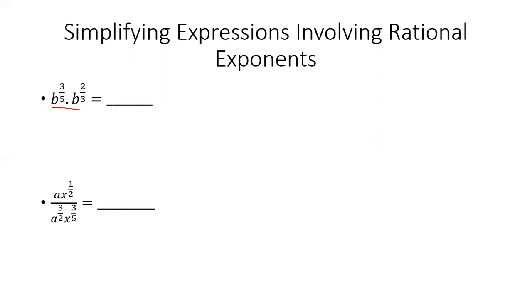So we have here 2 expressions having rational exponents. We are going to multiply, as indicated by this symbol here. So we copy the base. The common base is b. Then we are going to add 3/5 plus, so new exponents po yan, kaya po medyo tinaas natin, plus 2/3.